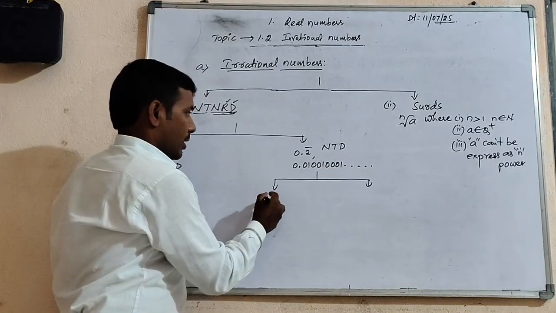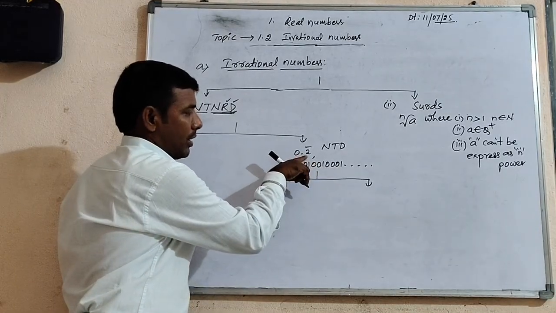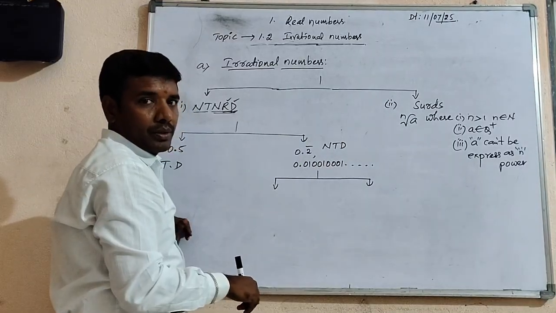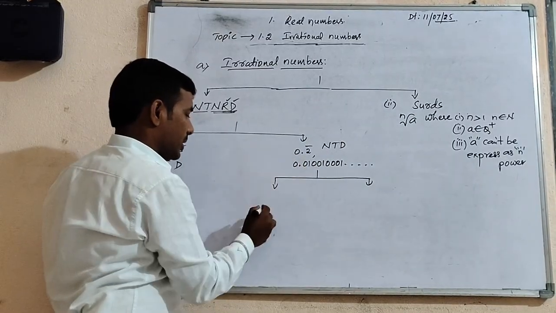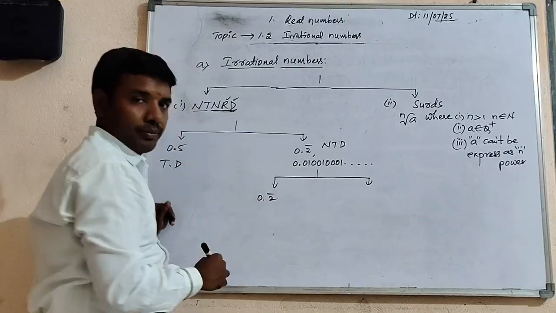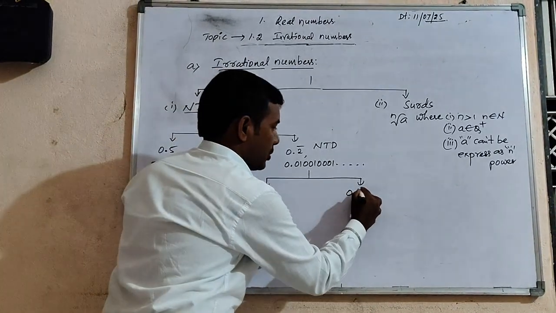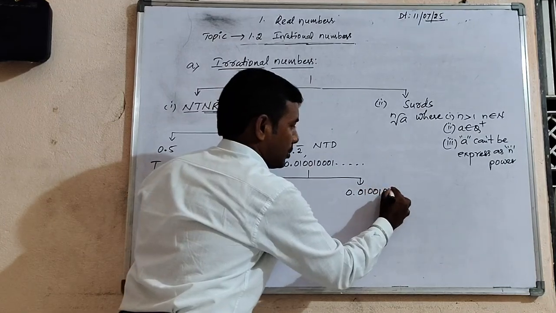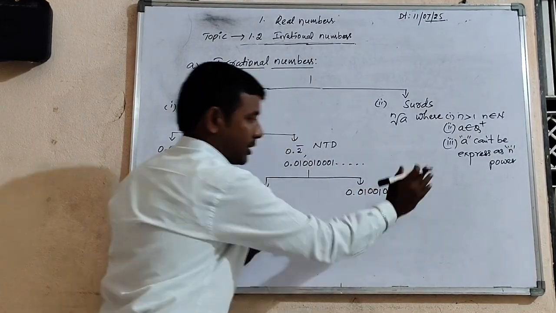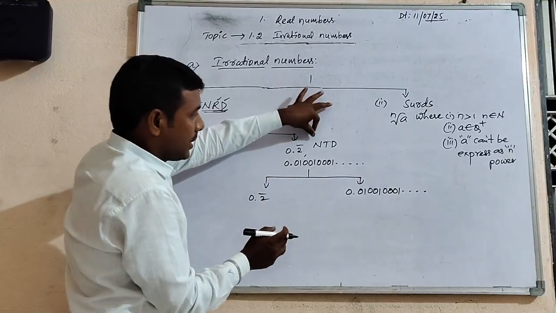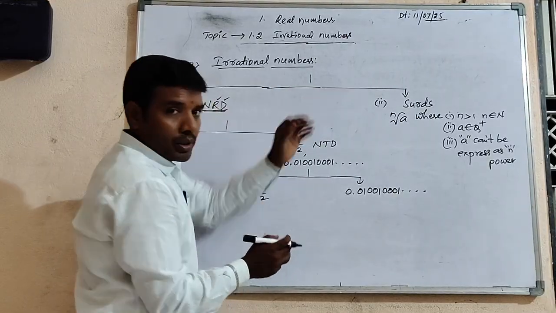See, what happened here? Repetition is going on. 2 is repeated many times. That's why its name is 0.2 bar. Then on one side 0.01001, 0001, this is another side. Here 2 examples are given, which are called the non-terminating decimals.